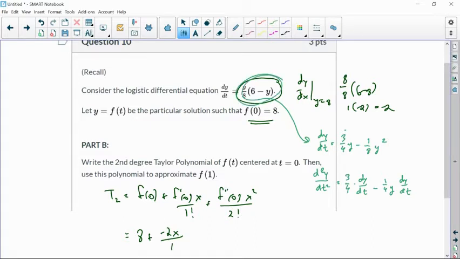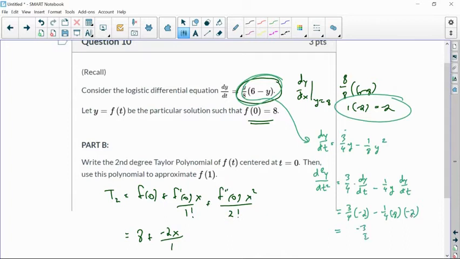So dy dt when y was equal to 8 was equal to negative 2. This is specifically at that point where we just found it up here. So it's 3/4 times negative 2, minus 1/4 times 8, that's our same y value, times another negative 2, again dy dt. So that's negative 6/4, which is negative 3/2.